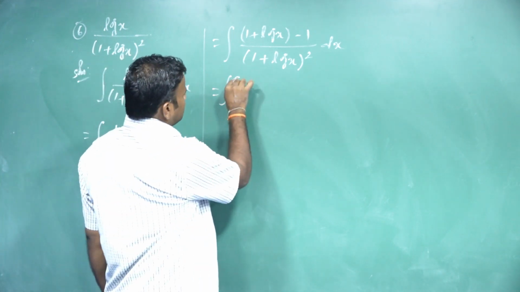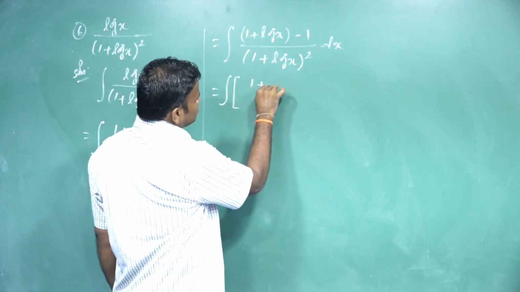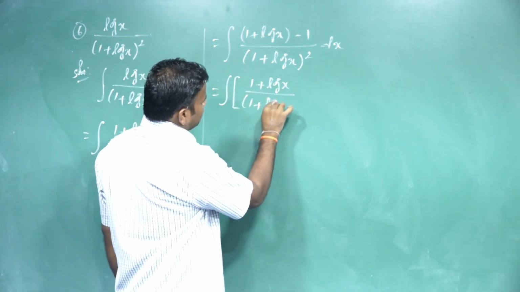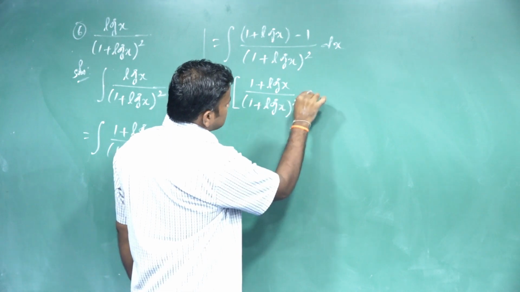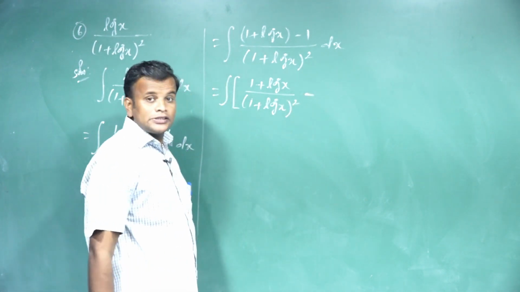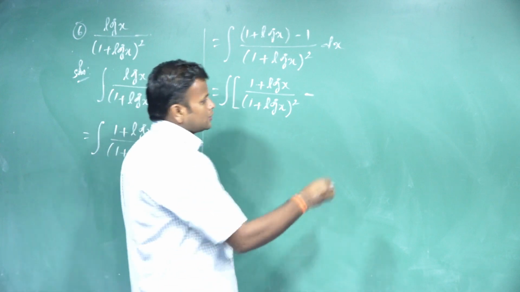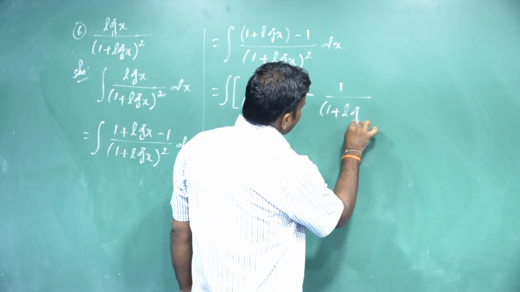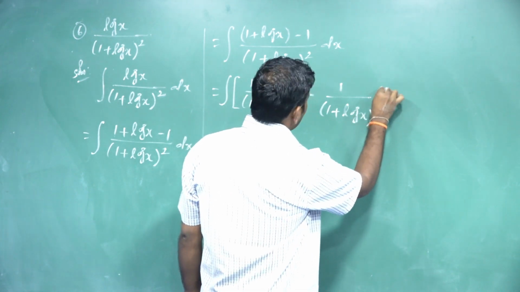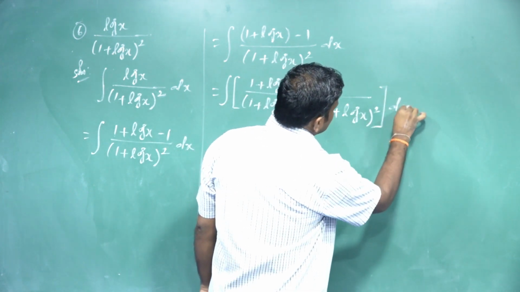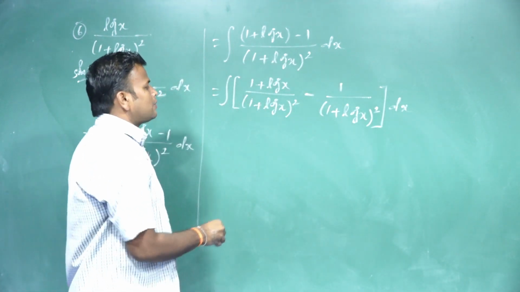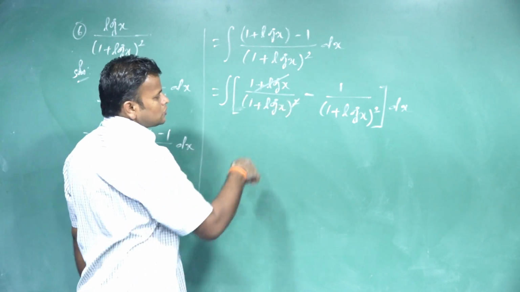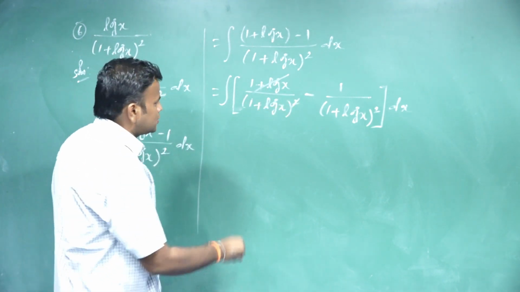So I split the single term into a double term: 1 plus log x by 1 plus log x the whole square, minus 1 divided by 1 plus log x the whole square into dx. Is any term cancelled? You see the first one, 1 plus log x in the whole square, one term is fully cancelled.